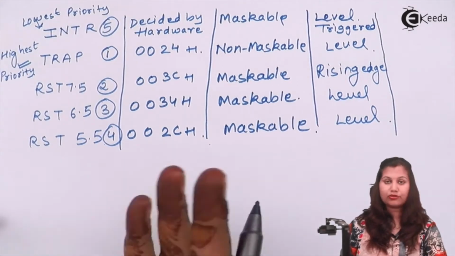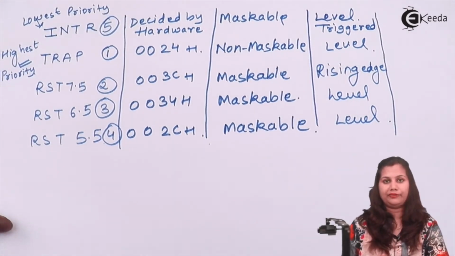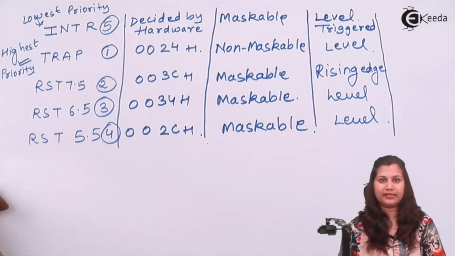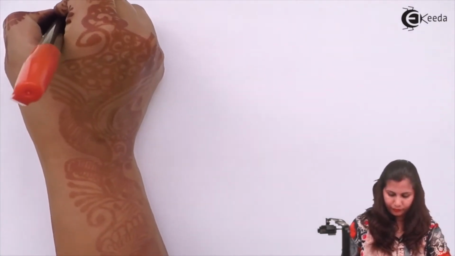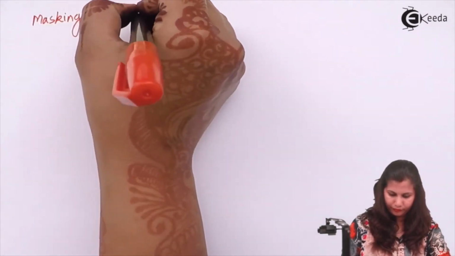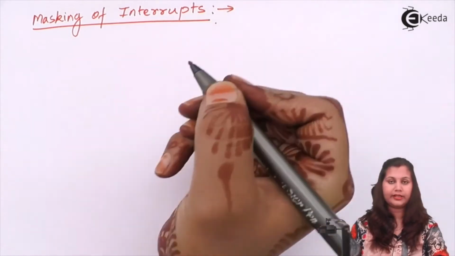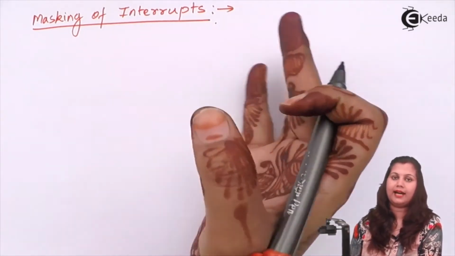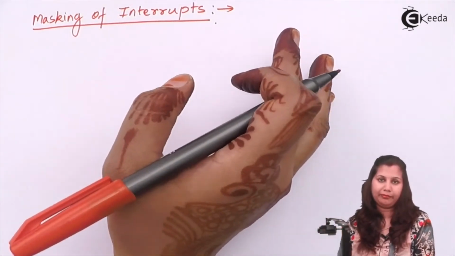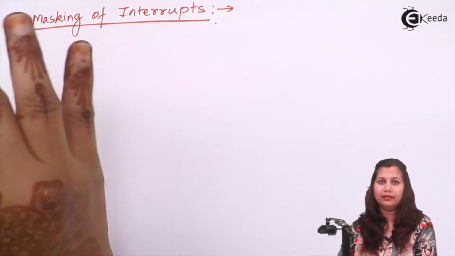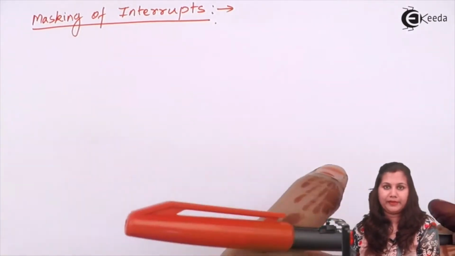Now how these interrupts are masked in 8085, how the masking procedure is done. We studied that INTR and RST 7.5, 6.5, 5.5, they can be masked by the microprocessor.